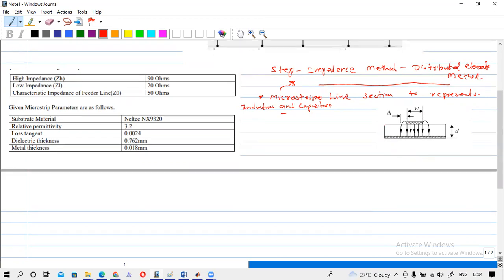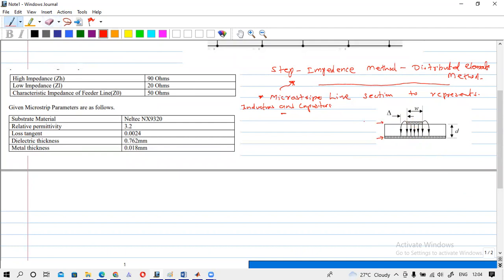I think you know that a microstrip line consists of, actually this is called the substrate. This board is called the substrate board. Here we have one copper layer and another copper layer.